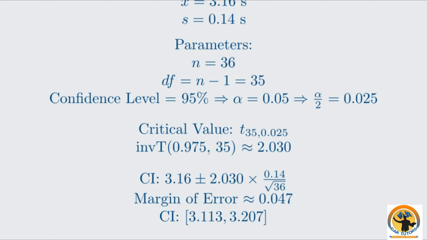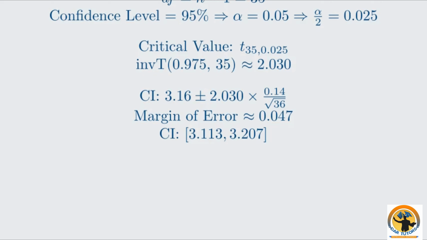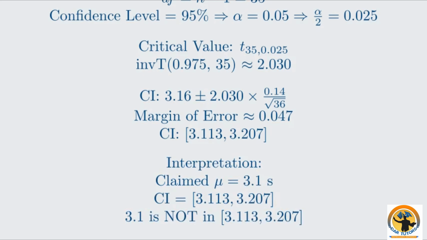Now for the interpretation. The company's claim was that the new tread reduces the average stopping time to 3.1 seconds. We can see that the claimed value of 3.1 seconds lies just outside the lower bound of our 95% confidence interval, which starts at 3.113 seconds. Because the claimed value is not within the interval, we do not have enough evidence to support the claim that the true mean stopping time is 3.1 seconds.